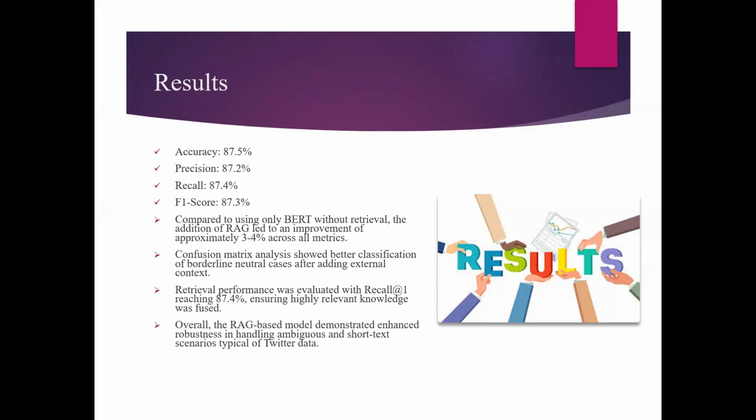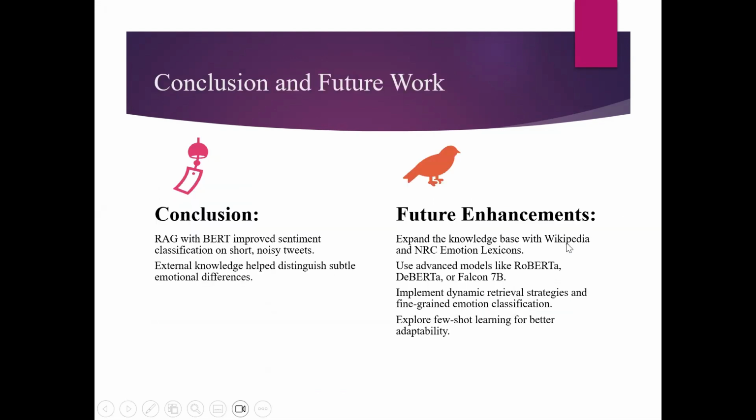F1 score balances precision and recall, reflecting strong overall performance. By adding RAG to BERT, we saw about a 3 to 4% improvement across all the metrics, particularly in classifying neutral tweets. So the conclusion is that combining RAG with BERT boosted sentiment classification on short noisy tweets by leveraging external knowledge to capture subtle emotion cues.